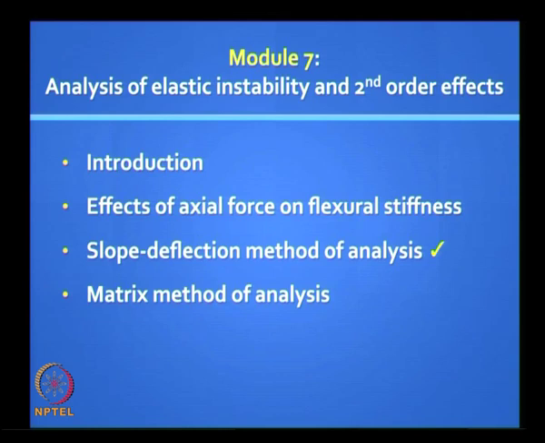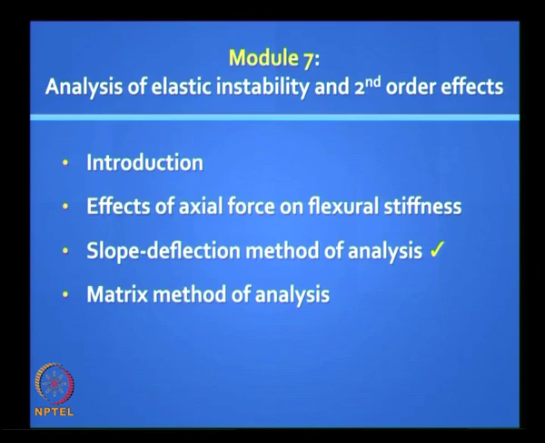There are two types of problems that we will try to solve. The first is we would like to know the critical buckling load in any given structure when some elements are subject to axial loading. Because you need to have that information to do second order analysis. Why do you need that information?